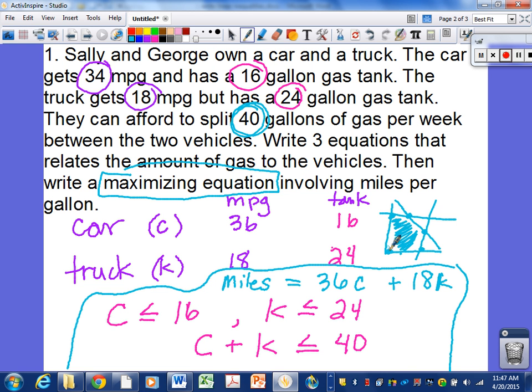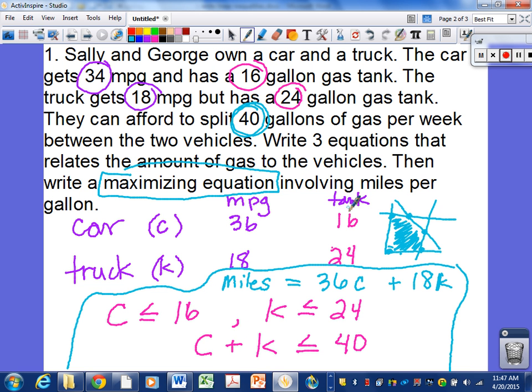We can put 1 gallon in 1 gallon, we can put 16 gallons in 5 gallons, whatever. So what we're going to do tomorrow is graph each of these things so we can see where they cross. Okay, you get the points of your vertices of your polygon in there. So that's where this is going. But you have to be able to write these equations first, and the equations are the hard part.